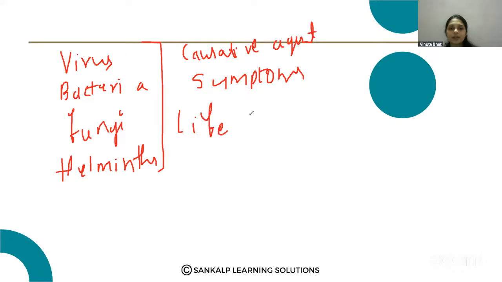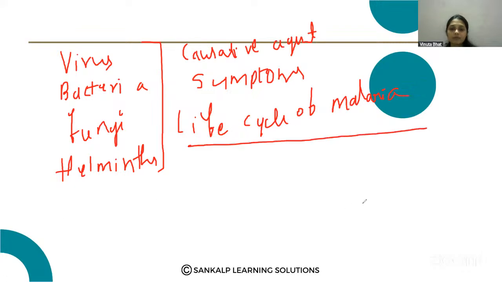And here the causative agent and symptoms are very important. And the life cycle of malaria is very important. So symptoms, causative agents, and the mode of transmission, all these things are very important in this chapter.